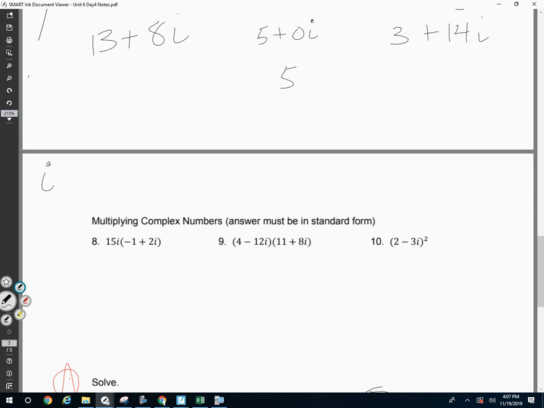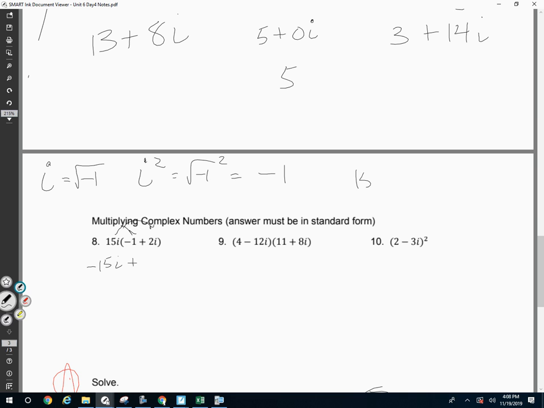If i is the square root of negative 1, what is i squared? Negative 1. Okay. We already talked about how you could add complex numbers together. It's just like terms. Multiplying is really the same. Everybody pay attention, because you're going to have to do this. 15i times negative 1, well, negative 15i. 15i times 2i.